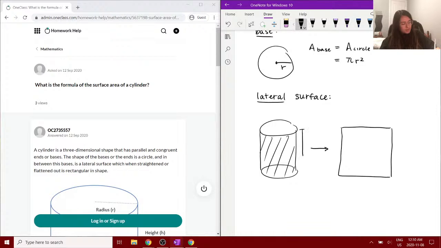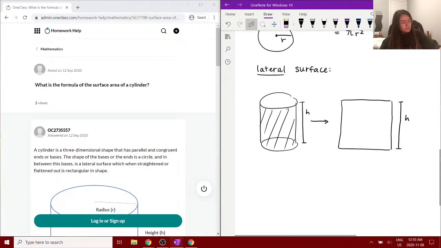And this rectangle, since the cylinder had a height of h, the rectangle would also have a height of h. But in order to find out what the surface area of this rectangle is, we also need to know the length, right?